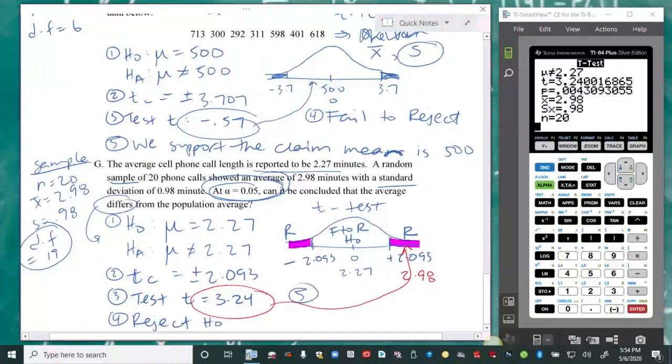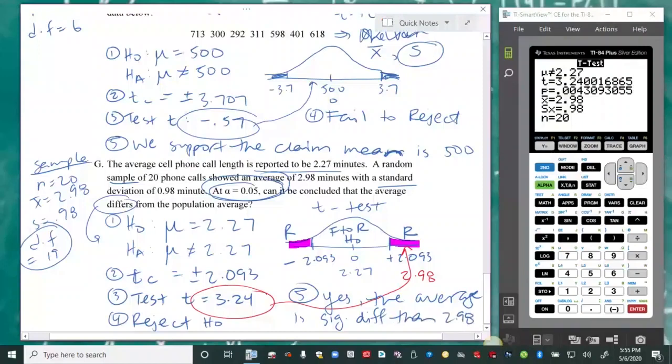Can it be concluded that the average differs from the population average? Yes, so it does. And that would be our claim, significantly different than the 2.27.